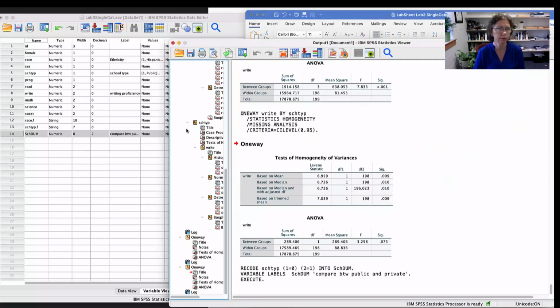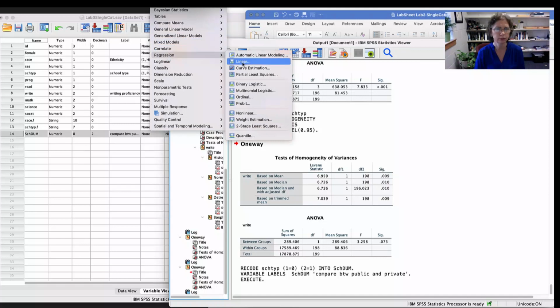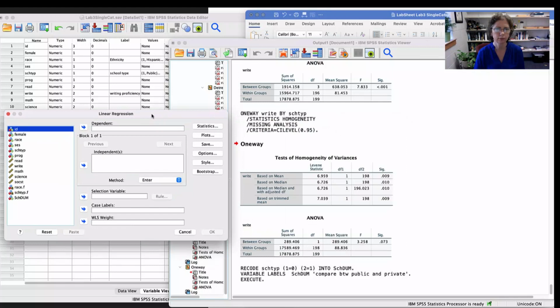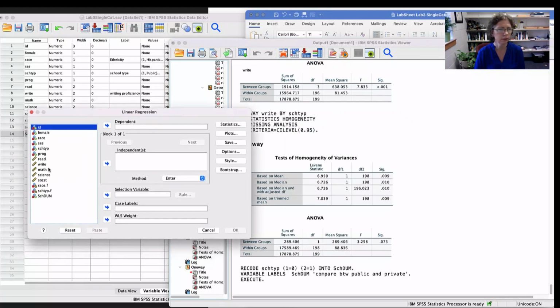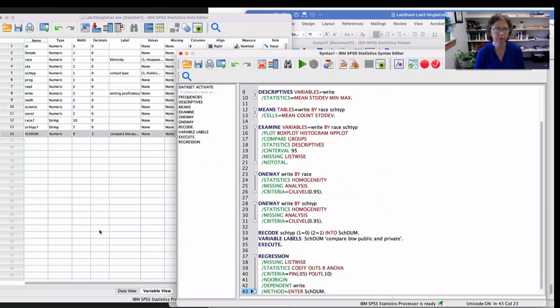So back over to SPSS, Analyze, Regression, Linear. Here we want write into the dependent, and we want school dumb in independent. And then paste, and let's check out the syntax.